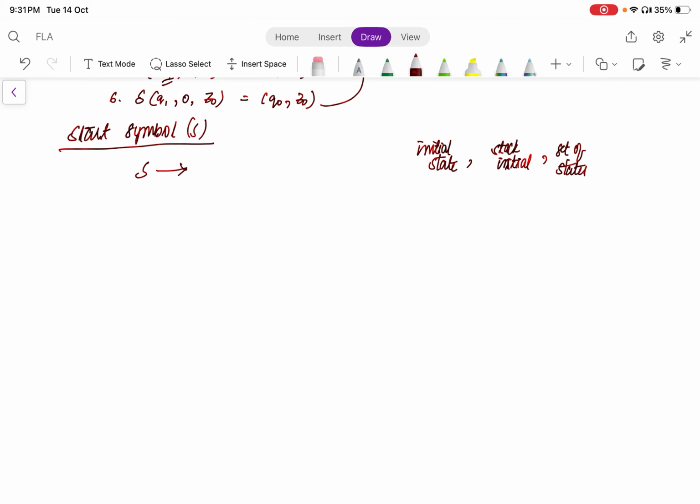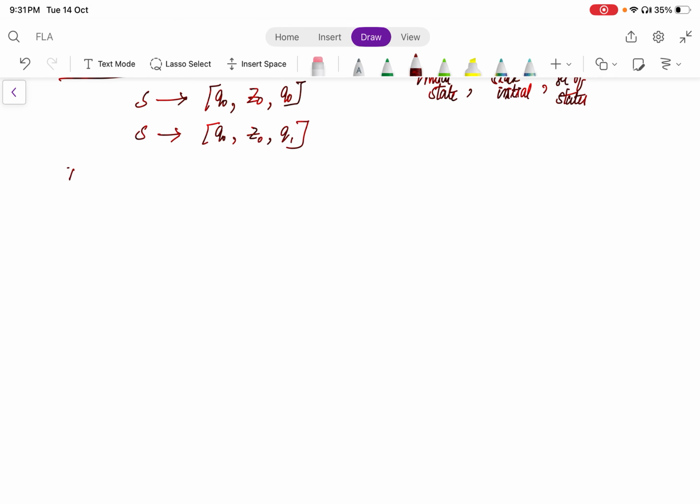What is the initial state here? Q0. What is the stack's initial symbol? Z0. For both the states you have to write separately: Q0, Z0, Q0, and Q0, Z0, Q1. This is your start symbol.